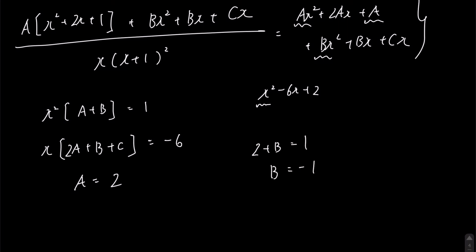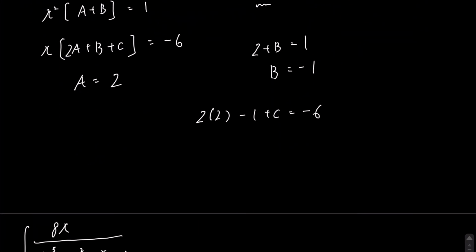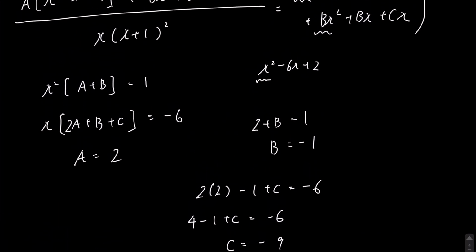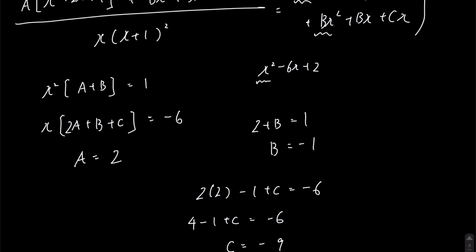So we know A and B, so we can plug those numbers in and find the value of C. So we got negative 9 as C.